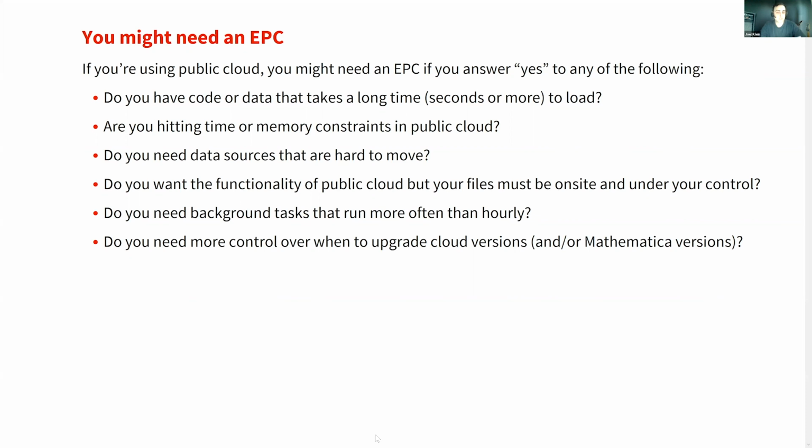Do you have background tasks, scheduled tasks that you would like to run more often than hourly? That is a restriction that public cloud has, that things don't run more often than once an hour. And this is a little bit of a subtle one, but it's a good thing to think about, and that is that public cloud, we upgrade when a new release is available.